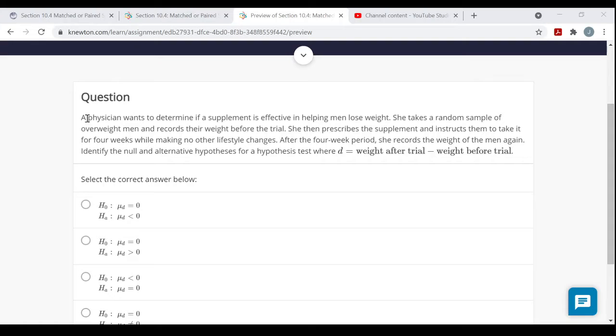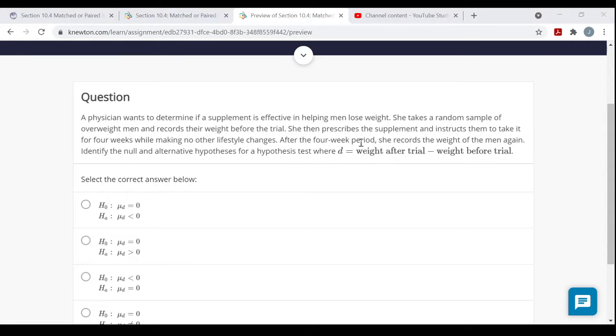Okay, so here, a physician wants to determine if a supplement is effective in helping men lose weight. She takes a random sample of overweight men and records their weight before the trial. She then prescribes the supplement and instructs them to take it for 4 weeks while making no other lifestyle changes.